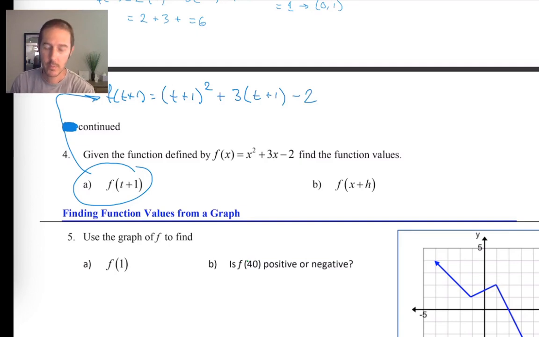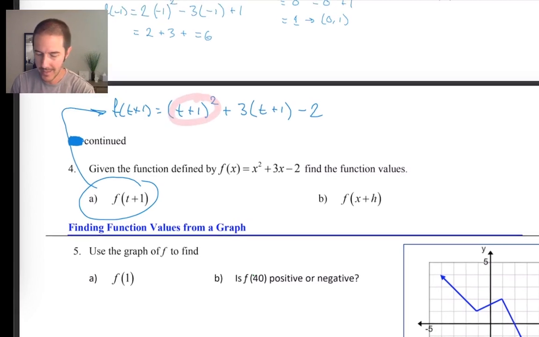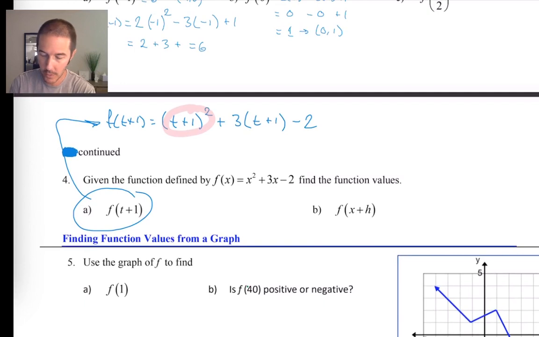Now be careful. When it's time to square this t plus 1, that does not turn into t squared plus 1 squared. If you need to, you should write this out as (t plus 1) times (t plus 1). That's what it means to square something.